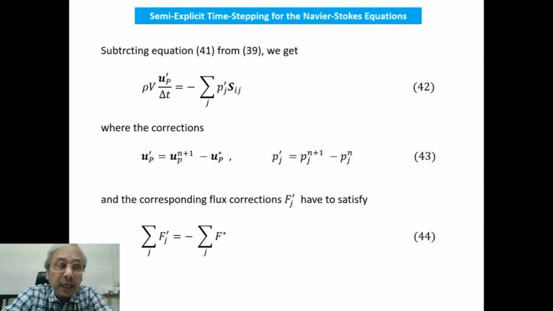In calculation, we do not get pressure at the n plus 1th level. We get pressure at level n, and then through the convection diffusion equation and pressure contribution we get a provisional velocity, and this velocity has not yet satisfied the continuity equation in each cell.